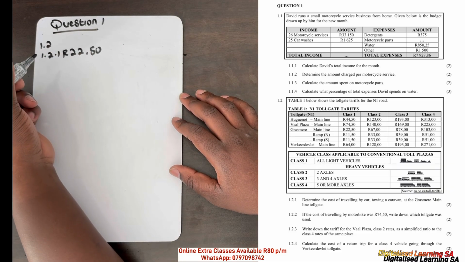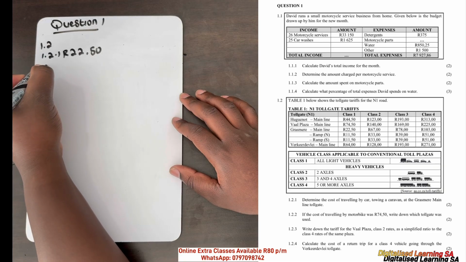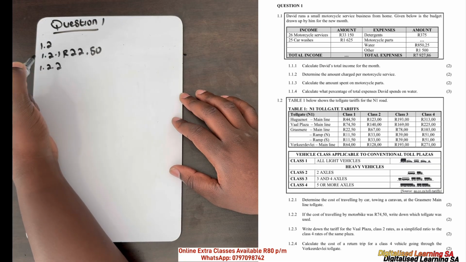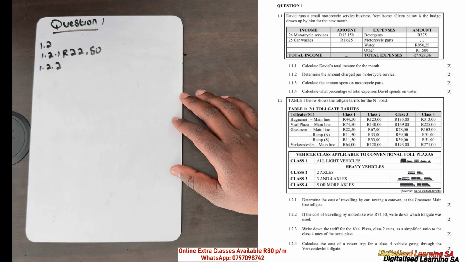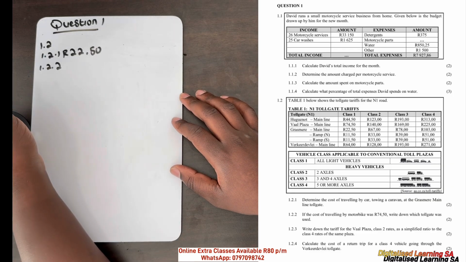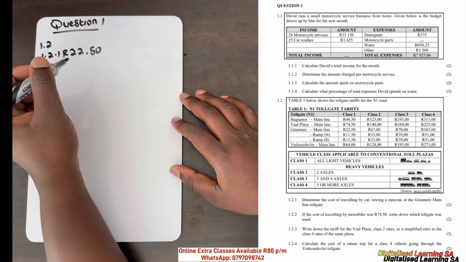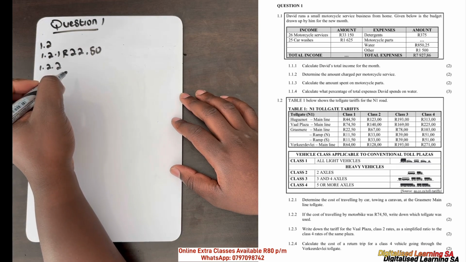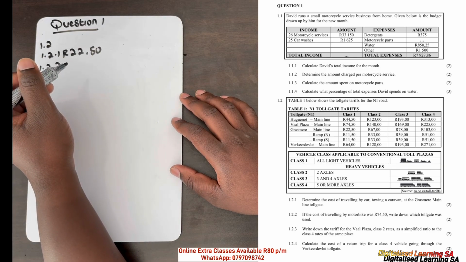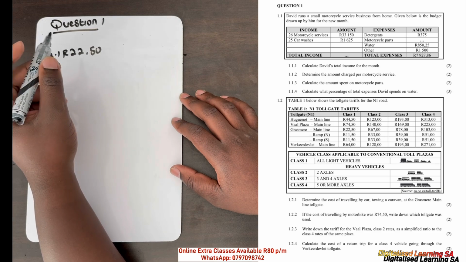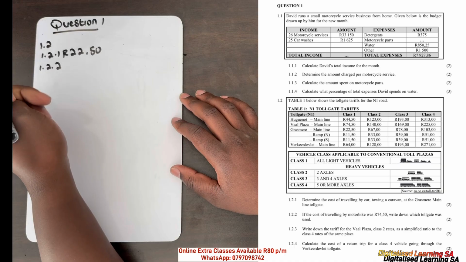Okay, so now let's move to the next question, which is question 1.2.2. So question 1.2.2 says that if the cost of traveling by motorbike was 74.50, write down which toll gate was used. So what we need to check first is that motorbike falls under class 1.